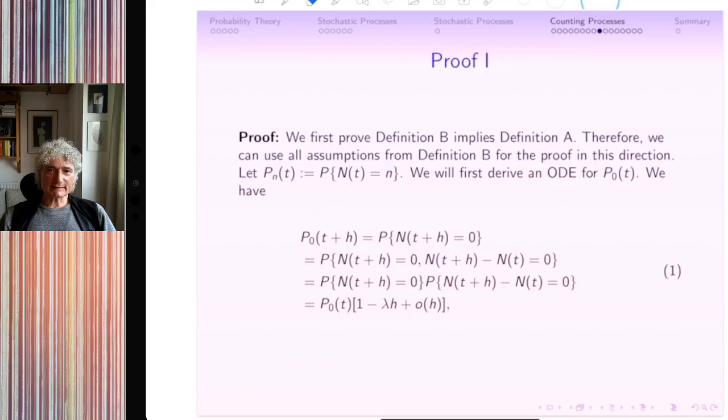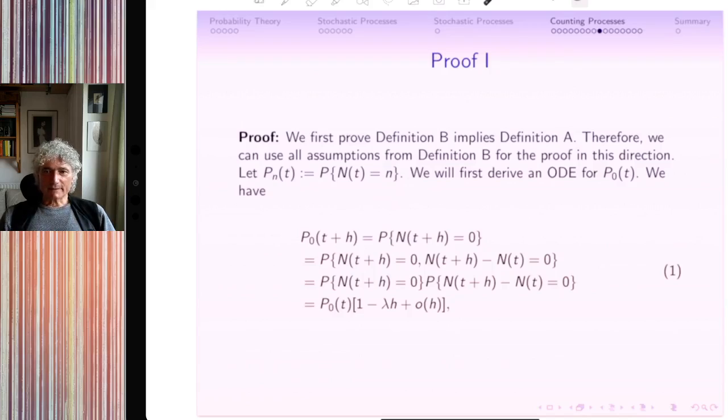The idea is that we define these probabilities which we call P subindex n of t, and this is exactly defined as the probability that the counting process has exactly counted n events at time t already. t, of course, is a positive time.